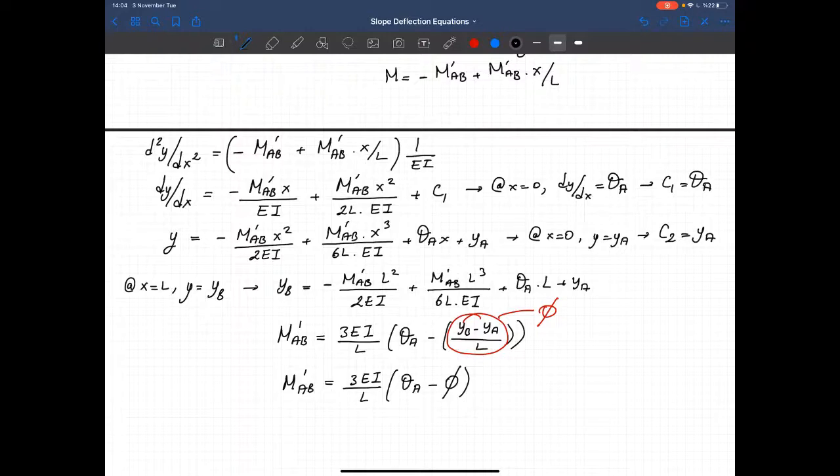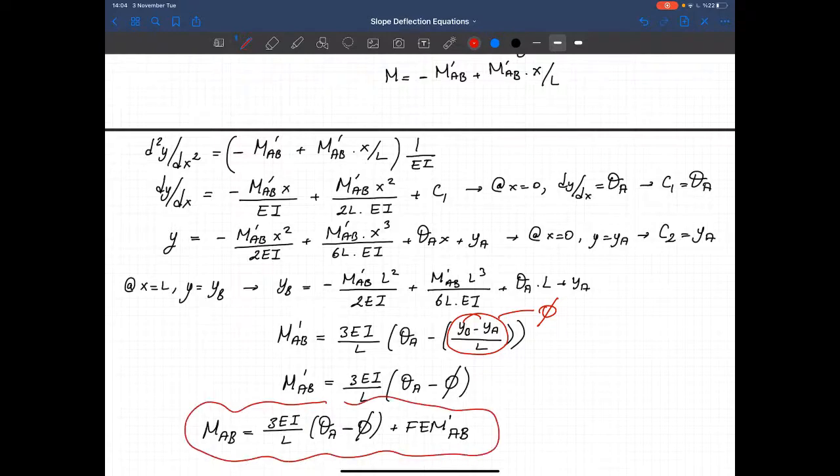So our slope deflection equation for this specific case will have the following form. 3EI over L theta A minus phi plus the fixed end moment, calculated for this specific case. And this is the slope deflection or the modified slope deflection equation. So we say the modified equation.